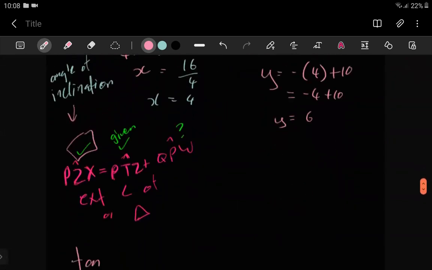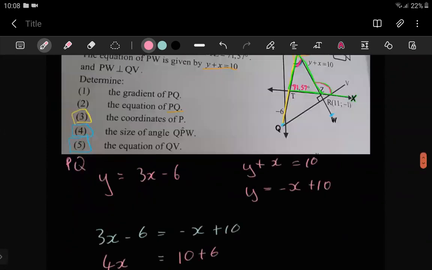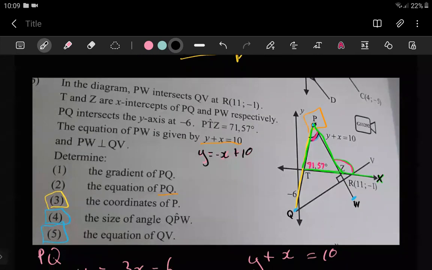In the tan formula, tan of the angle of inclination, PZX, is equal to the gradient. So we want the gradient of the line here that is cutting the x-axis, the gradient of PW, right? We know it was -1, because when we take the x over to the other side, that's how we see the gradient here. The gradient is just -1.